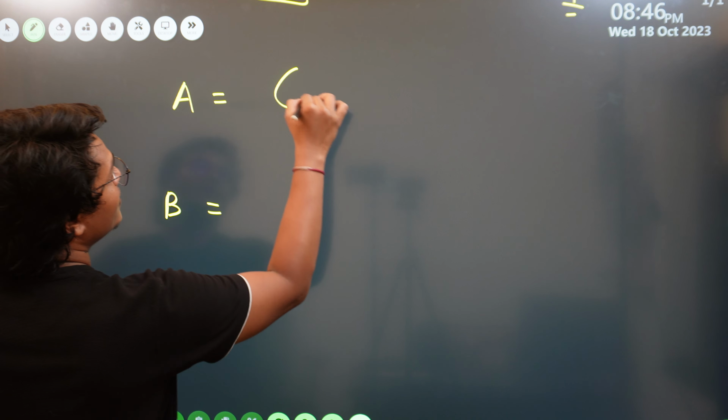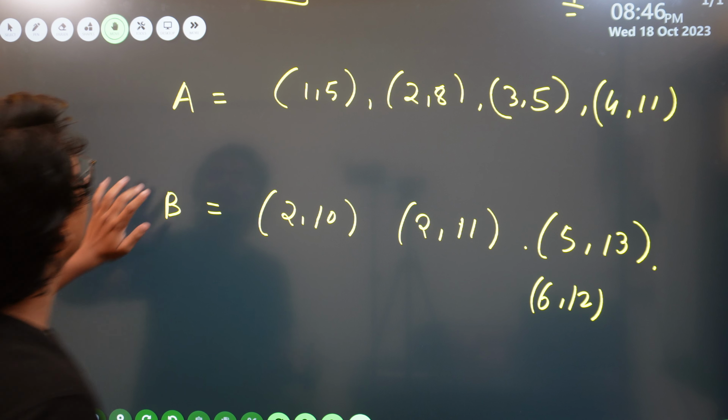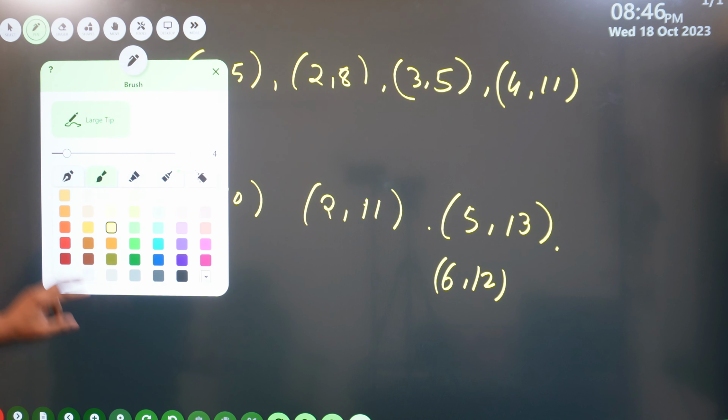Let's say (1, 5), (2, 8), (3, 5), (4, 11). One more example: (2, 10), (2, 11), (5, 13), (6, 12). Like this. I have given you two examples, right?